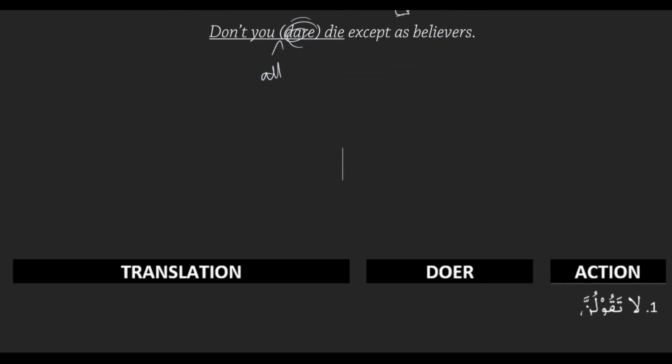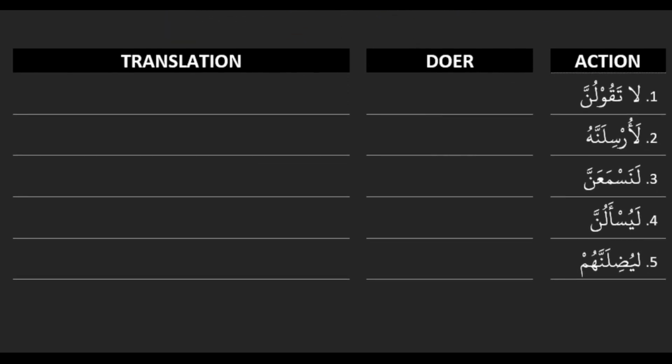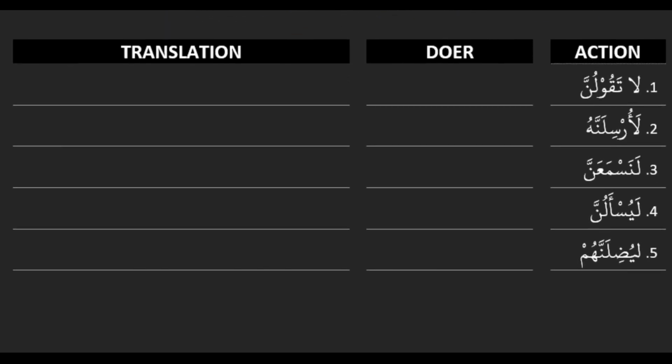Okay, so we're going to try to figure out the pronouns in these actions and then we'll translate. So la taqulunna. There's a u before the nun of emphasis, which tells us it used to be what? Una. And then ta plus una is you all. Good. And then how are we going to translate this?